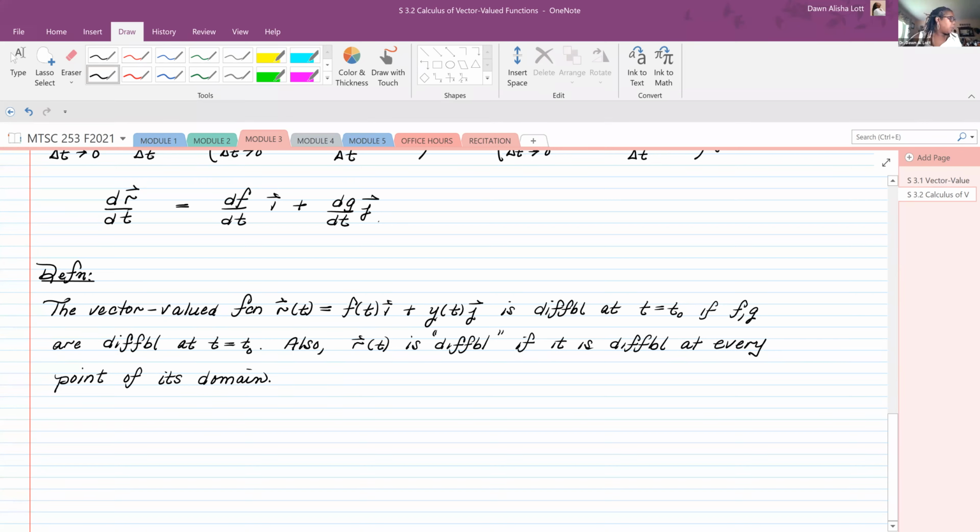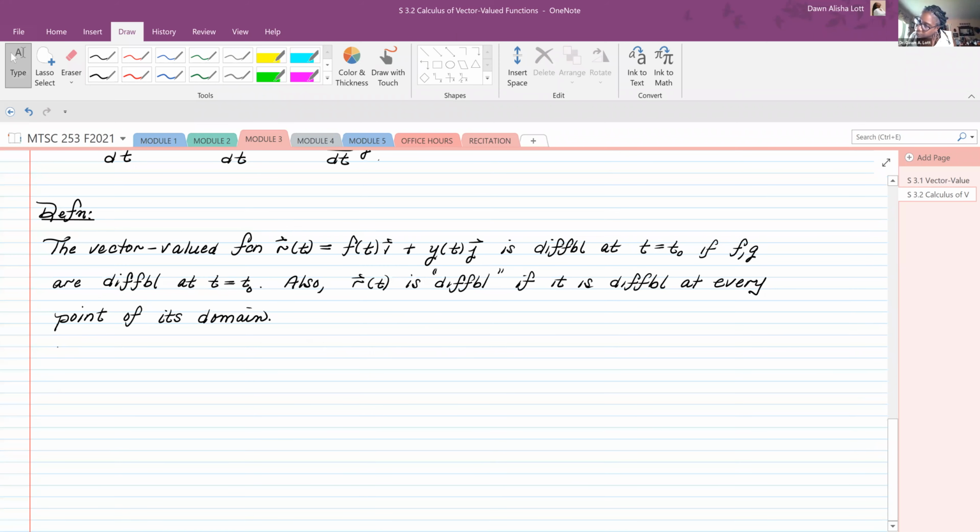Okay, so moreover, dr dt is equal to f prime of t i plus g prime of t j.